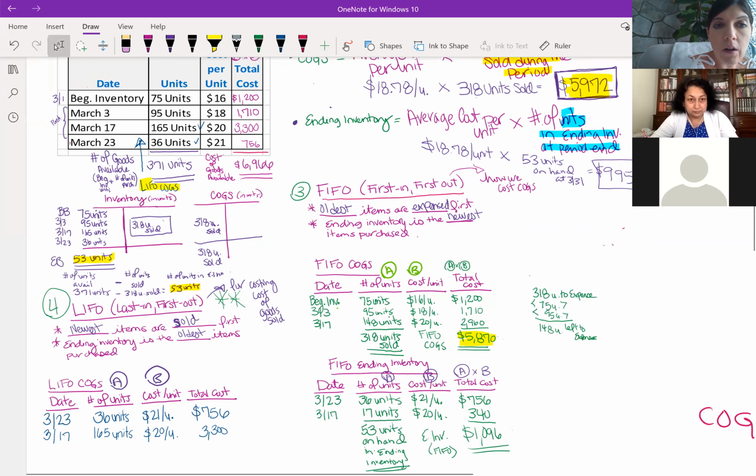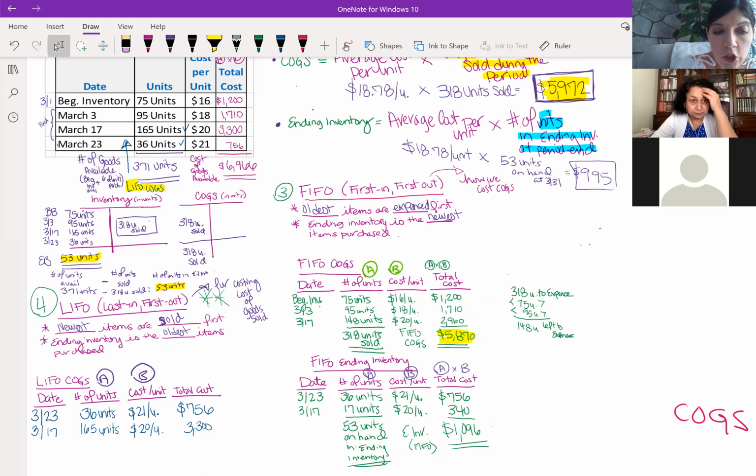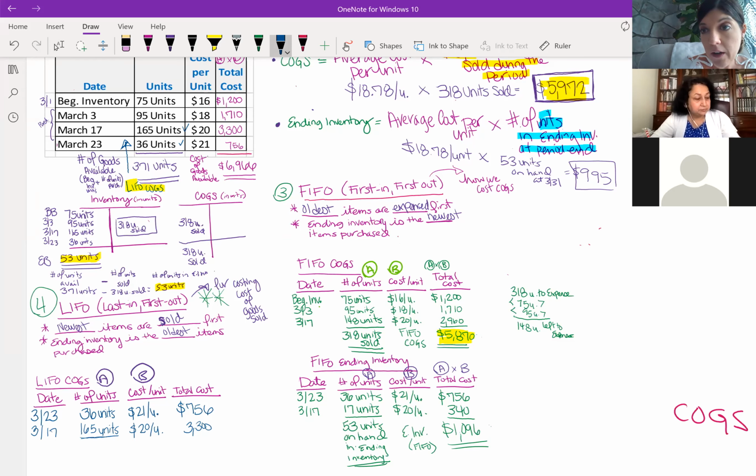We'll take a little pause here and just check. I'm going to erase this after I do it. How many units have we expensed at this point? What's 36 plus 165? 201 units. So are we definitely under 318 at this point?